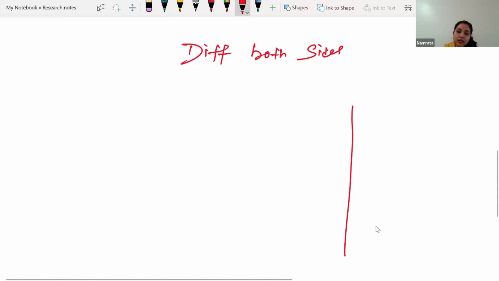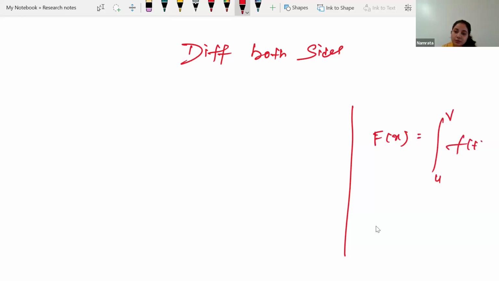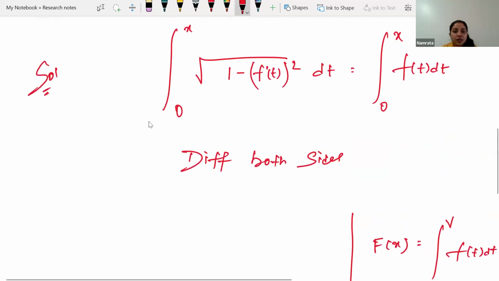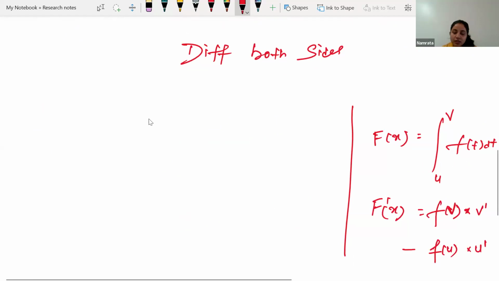The rule is given by Leibniz, and it says if we have f of x equal to the integral from u to v of f t dt, then f dash x, the derivative of such an integration, will be f of v times v dash minus f of u times u dash. This formula given by Leibniz we will be applying over here.